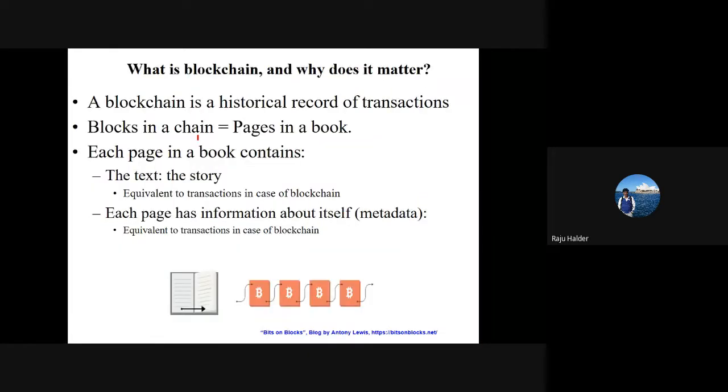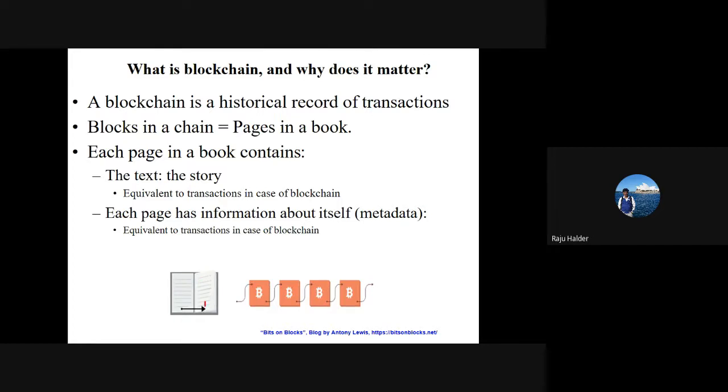So that's why blockchain. And if you compare with the physical form of ledger that banks managed, maybe 10 or 15 years ago, you can compare that with our blockchain.